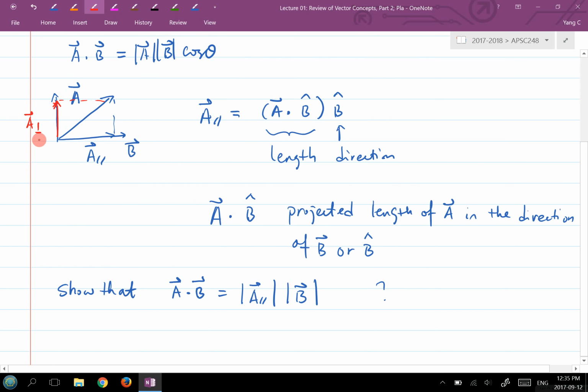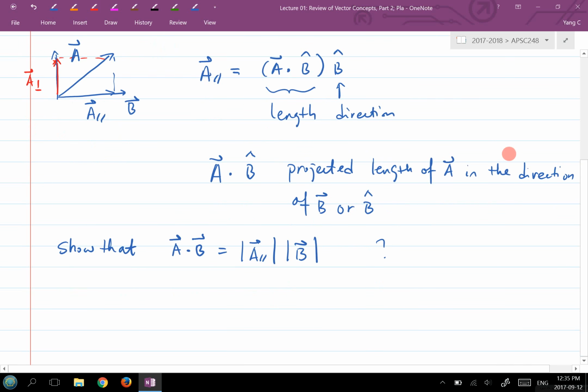As you can see, it's not necessarily very easy to get A perpendicular directly, but we can always obtain A parallel first and then get A perpendicular. Once you have A parallel, A perpendicular is simply vector A minus A parallel.